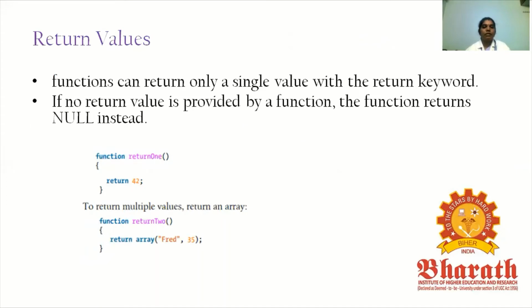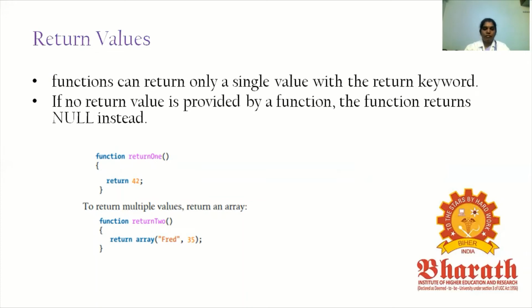Return values. A PHP function, you know, always returns a value. A single value, or multiple values are also allowed with the help of an array. A function can return only a single value with the return keyword. If no return value is provided by the function, then the function returns a null value.